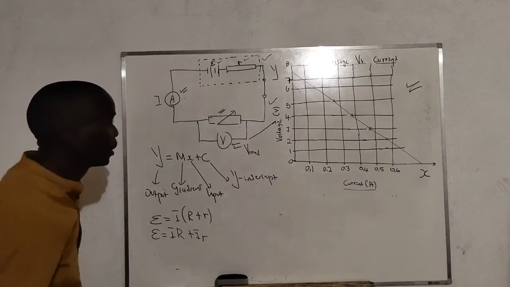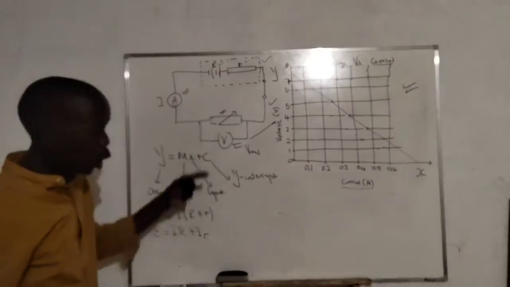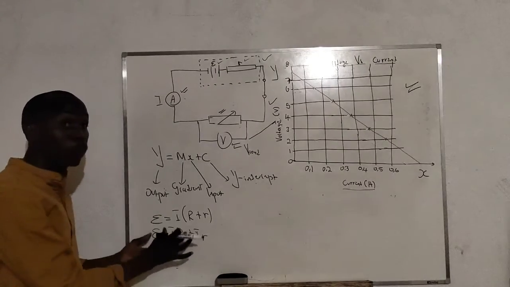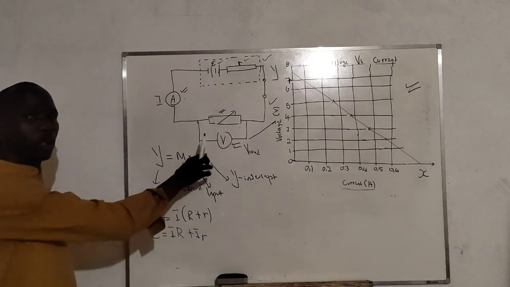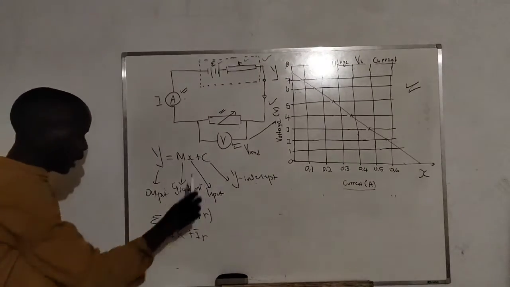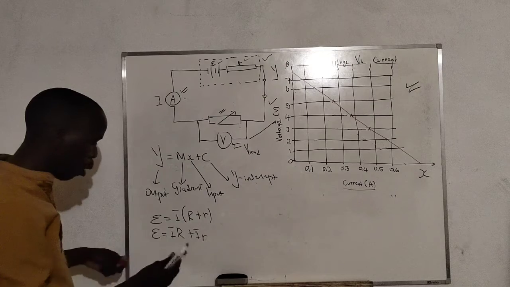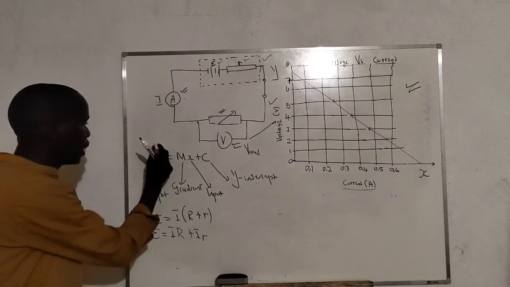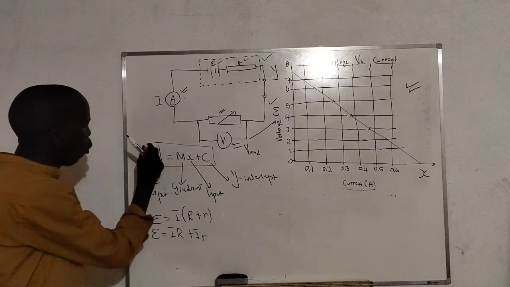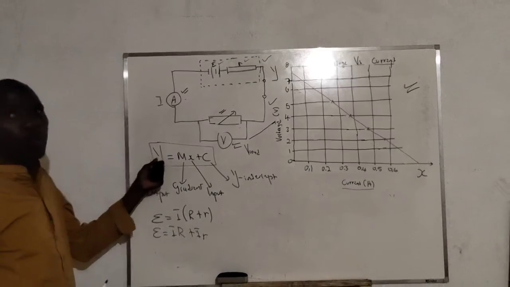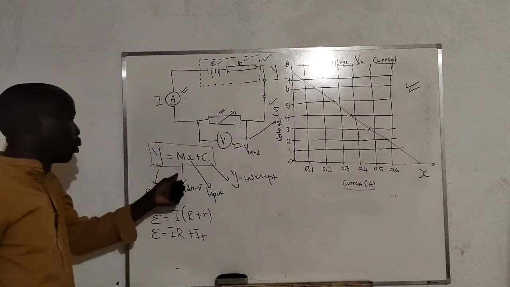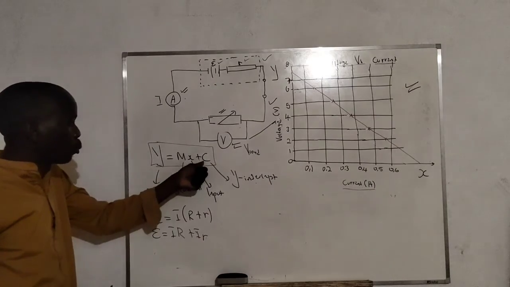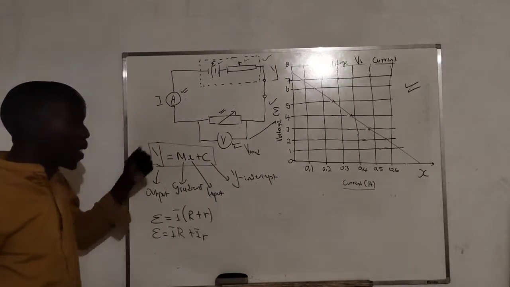Then I have the internal resistance, which I want to determine, so it must be part of the equation as one of the unknowns. I want to write this equation so that it turns out to be in the form of a straight line equation, so that I will know which variable corresponds to the output, the gradient, the input, and the y-intercept.